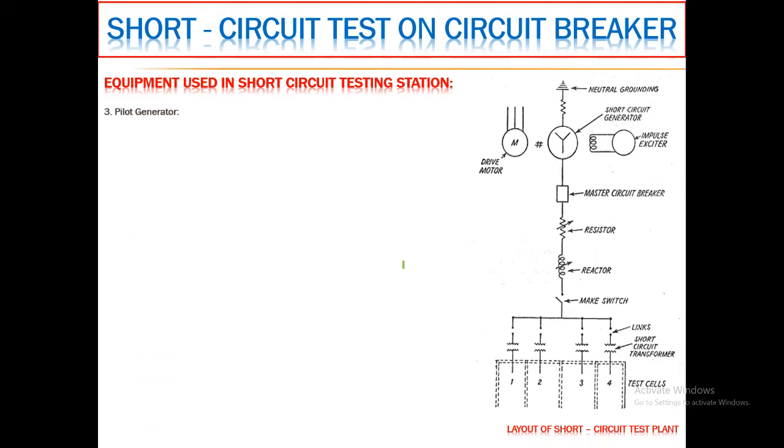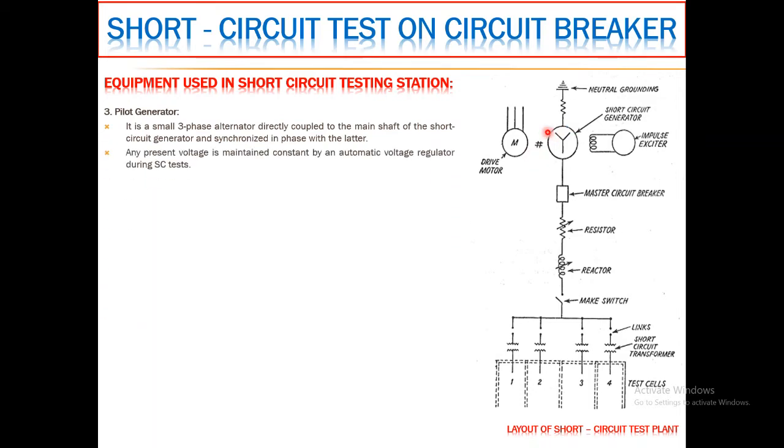The other component is the pilot generator. The pilot generator is a three-phase alternator which is directly coupled to the main shaft of the short circuit generator and synchronized in phase with the latter. Okay, so it will be synchronized. Whatever pilot generator has been coupled with the main shaft of the short circuit generator obviously needs proper synchronization with the short circuit generator.